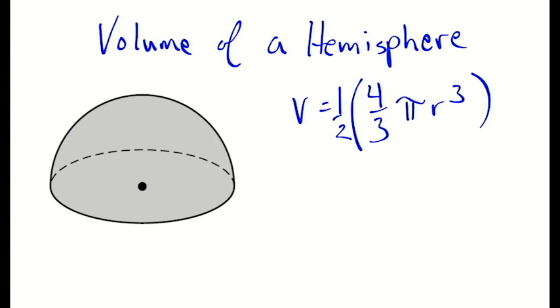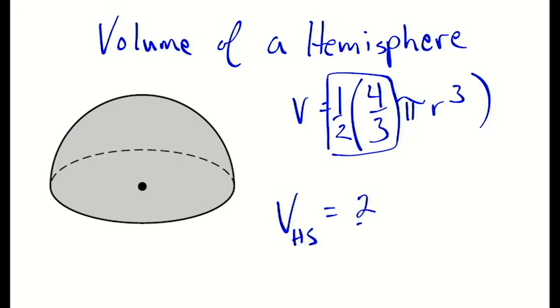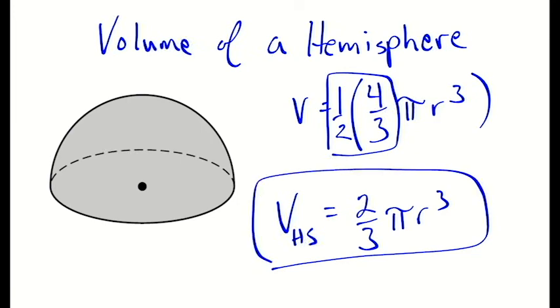Really, the parentheses are not necessary there. I just put them in there. As we simplify this down for the volume of a hemisphere, half of 4/3 is 2/3. So if we are given a hemisphere, whether it's freestanding or connected to another object, we're looking at 2/3 pi r cubed for our formula.